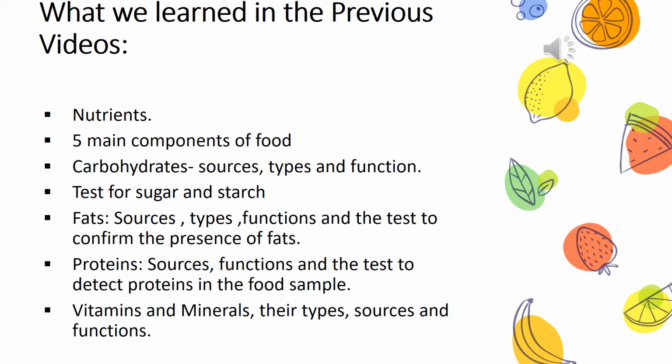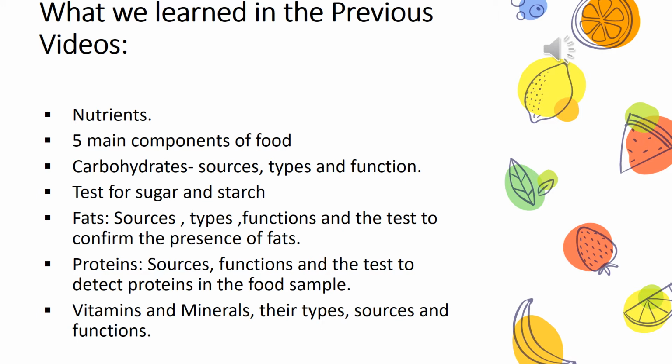Okay, we'll quickly revise the concepts we have learned in the previous videos, that is videos 1, 2 and 3. We know about the nutrients now. We know the importance of them, right?